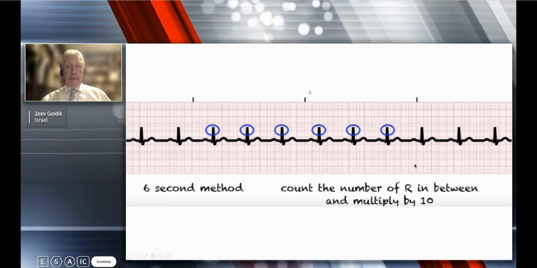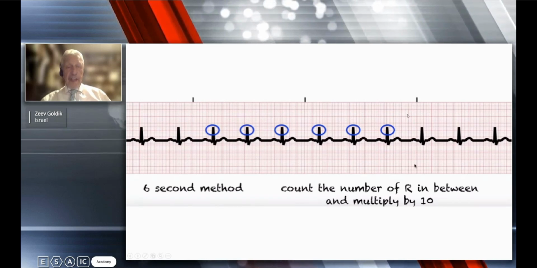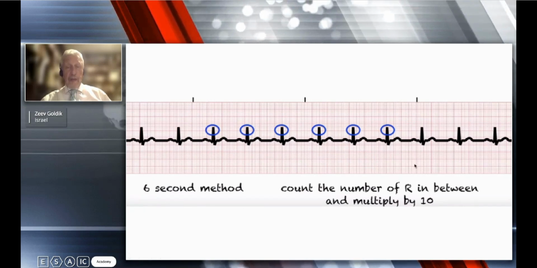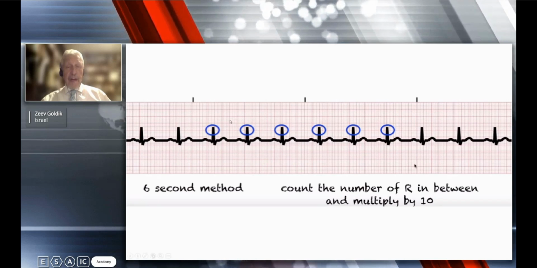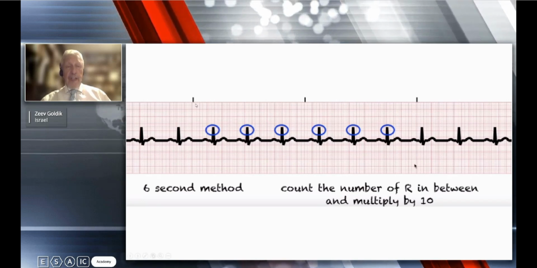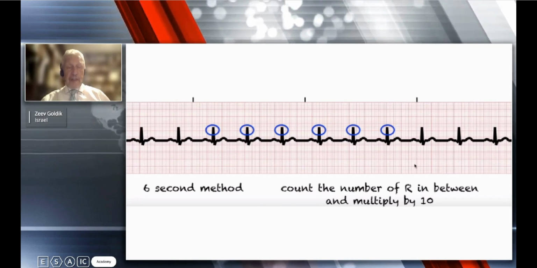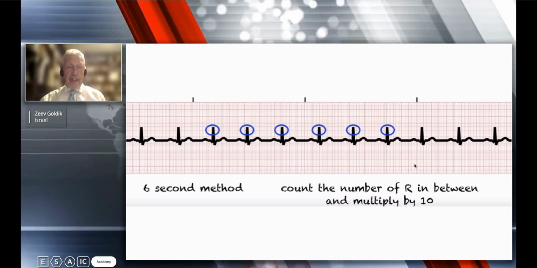The distance between the first and the third one is 6 seconds. So you count how many QRS complexes we have between the first and the last mark. That means how many complexes we have in 6 seconds.